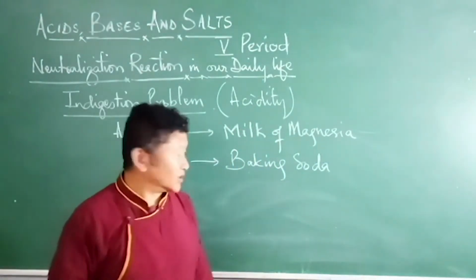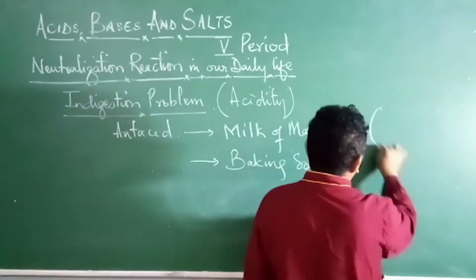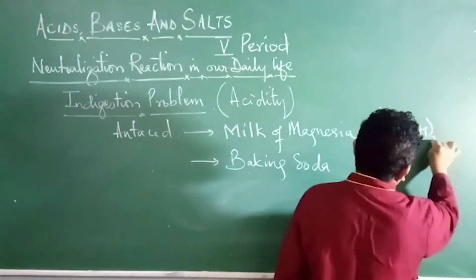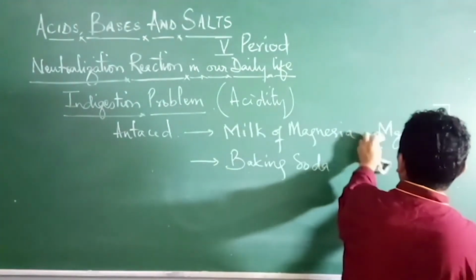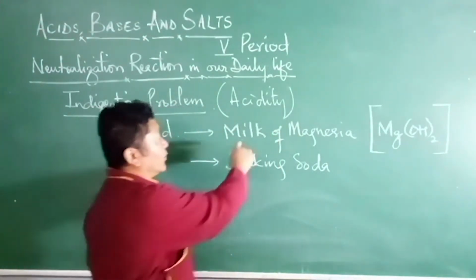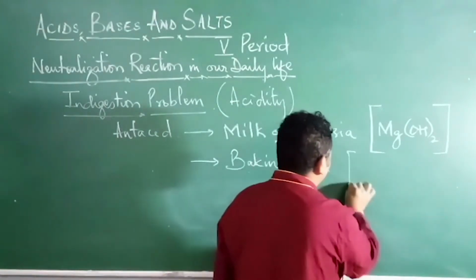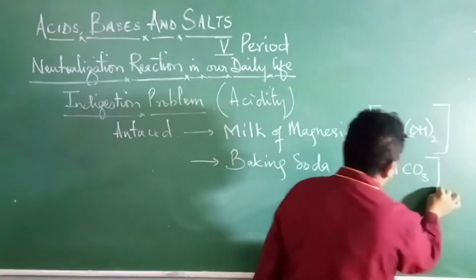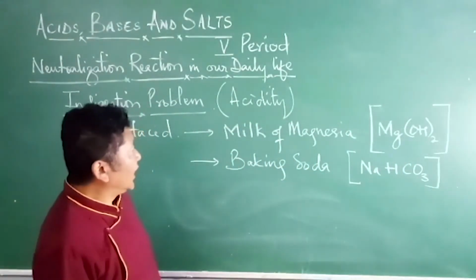Milk of magnesia: the main constituent is magnesium hydroxide. Baking soda is sodium hydrogen carbonate.